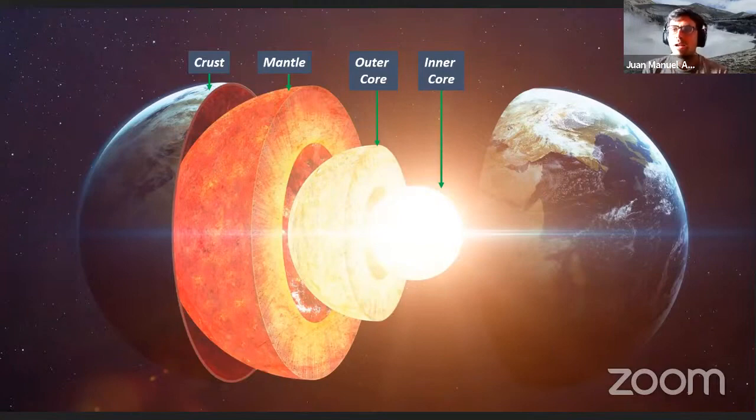Both crust and mantle are layers of the Earth, both solid. The crust is completely solid, and the mantle, if you have ever imagined it as a big ocean of magma, well, it is not. It's just solid rock that has some plastic behavior, like plasticine.